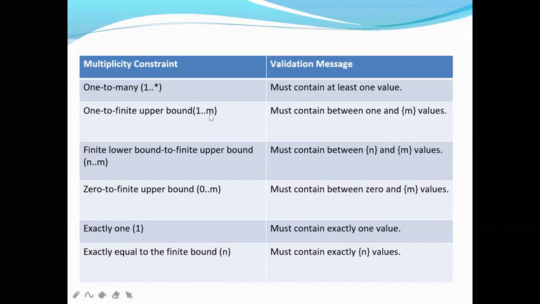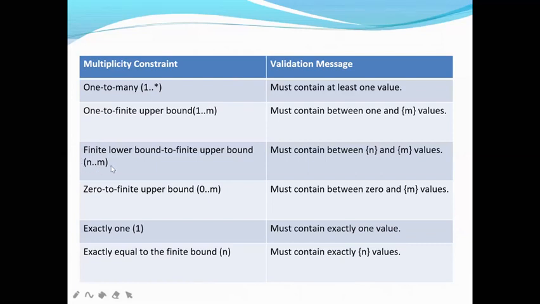M means the upper bound, the finite upper bound, which we notify as m, and it will be constant. The finite lower bound we notify as n. So if the concept suggests you write finite lower bound to finite upper bound, you should represent in your diagram n, two dots, then m.